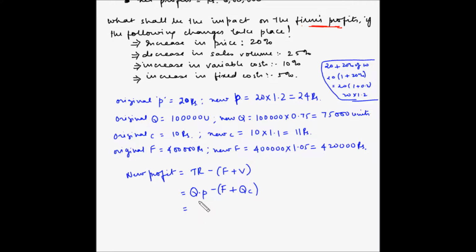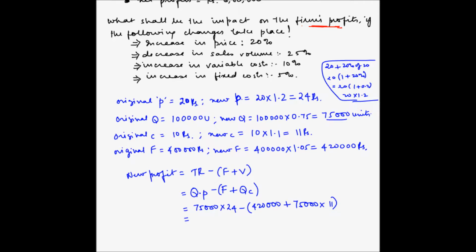So quantity is 75,000 units multiplied by P, which is now 24, minus F, which is now 420,000, plus Q, which is 75,000, multiplied by C, which is 11.